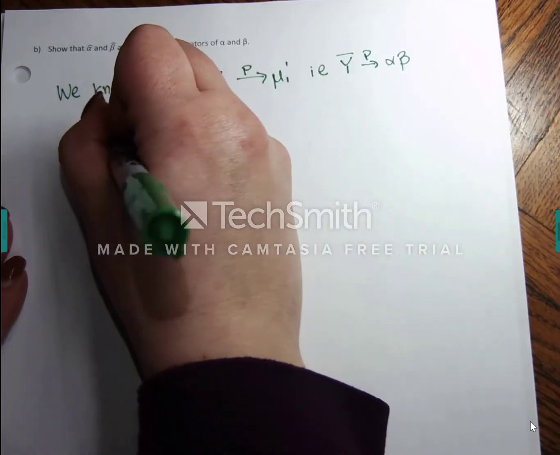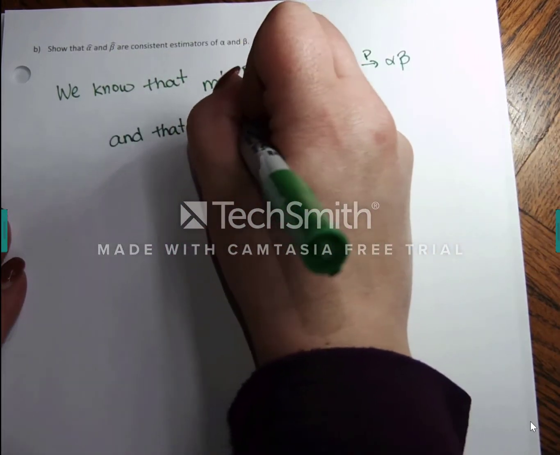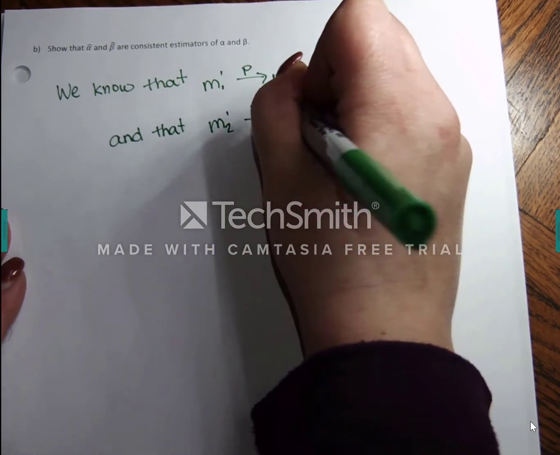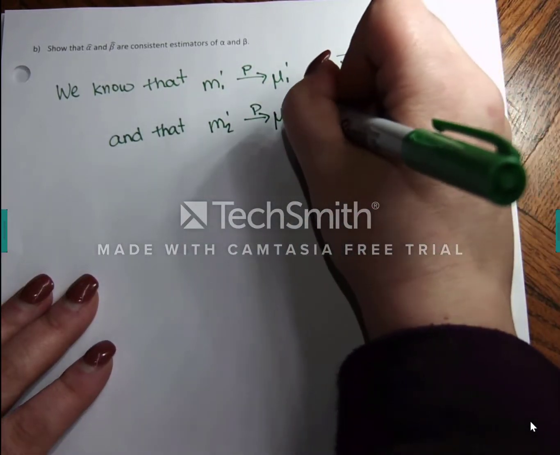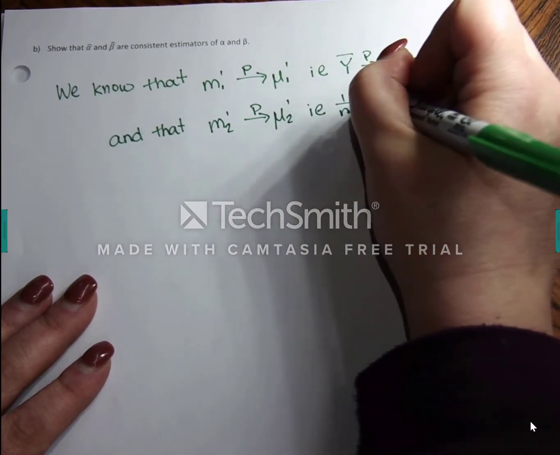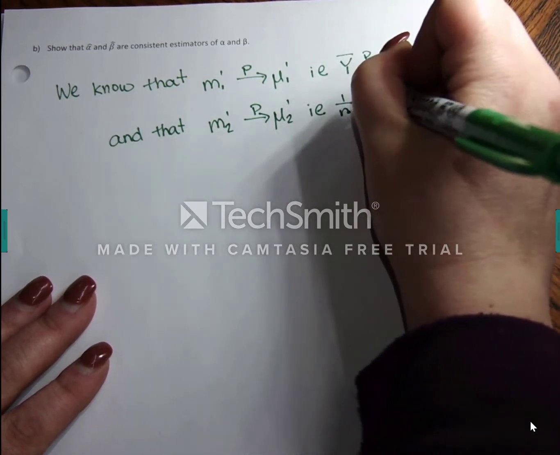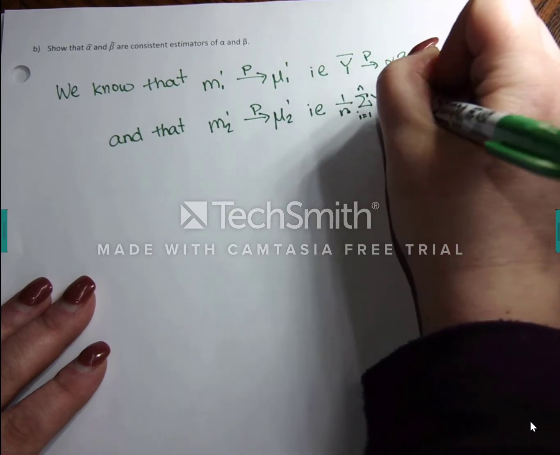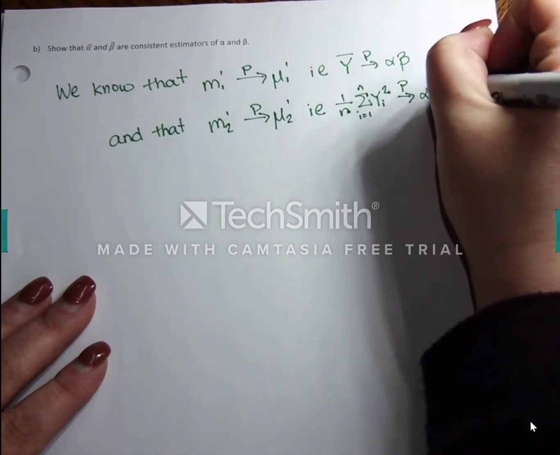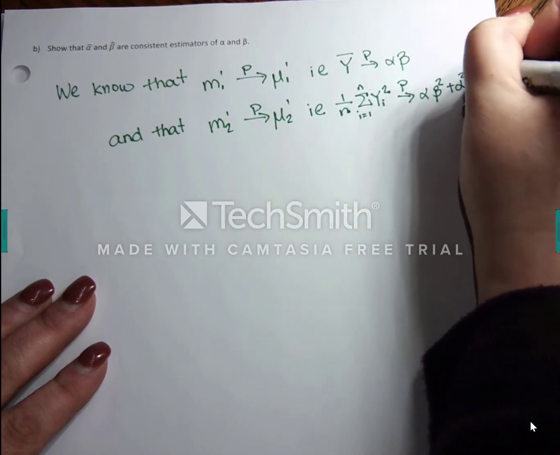We also know that the second sample moment converges in probability to the second population moment. Or in other words, if we take the sample second moment, we know that it's going to converge in probability to alpha beta squared plus alpha squared beta squared.